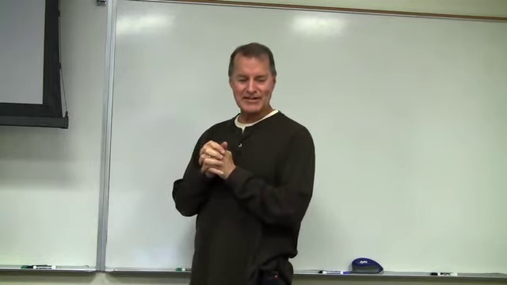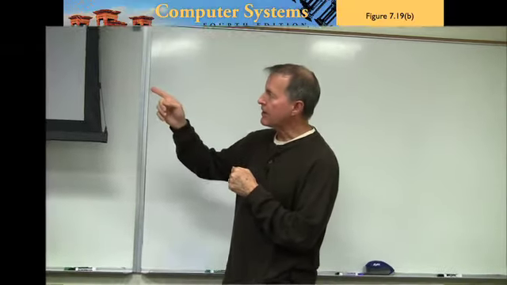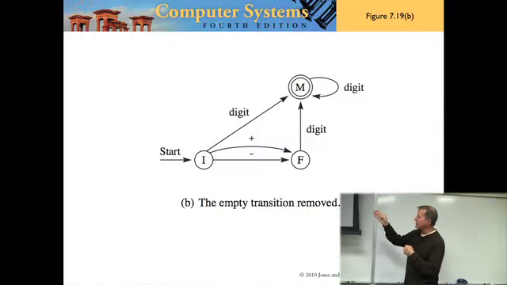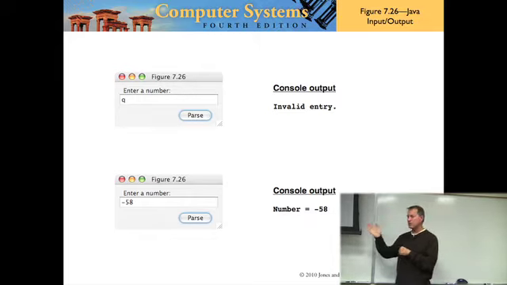All right. At the end of class last time, we demoed this program. Here in figure 7.19b is the state transition diagram for recognizing a signed or unsigned integer, right? And last time we demoed this program, which is here in figure 7.26. There's a screenshot. I'm not going to demo it again because we did it at the end of class last time.